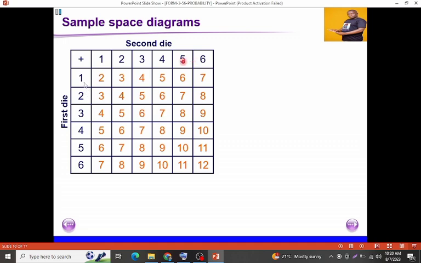So for example, 1 plus 1 is 2, 1 plus 2 is 3, 1 plus 3 is 4, and so on and so forth. So you get this sample space here. Alright, so all these are the outcomes. Together they form a sample space.